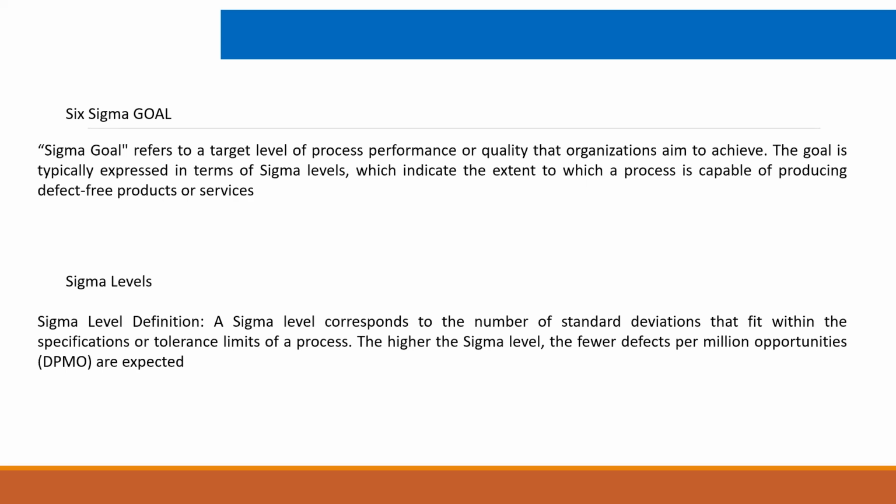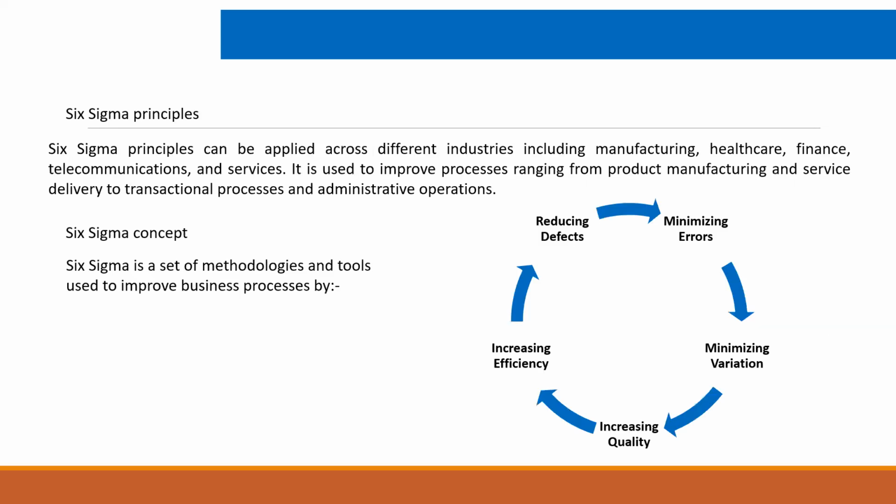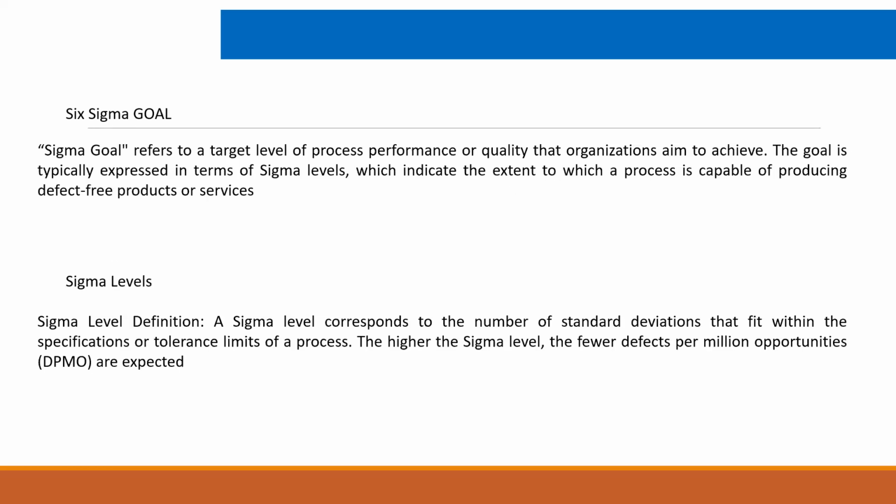Now next is what? Six Sigma goal. What is the goal of Six Sigma? This principle is a goal for Six Sigma. The Six Sigma goal refers to the target level of process performance or quality that organizations aim to achieve. If the quality of a process is 75%, we have to find the error, why the quality is only 75%.